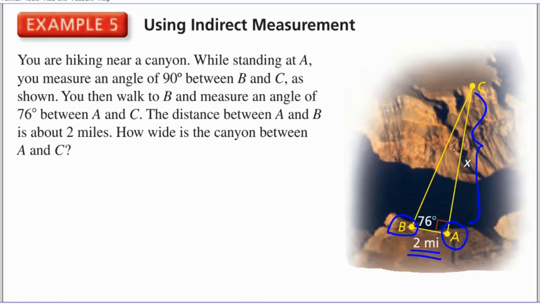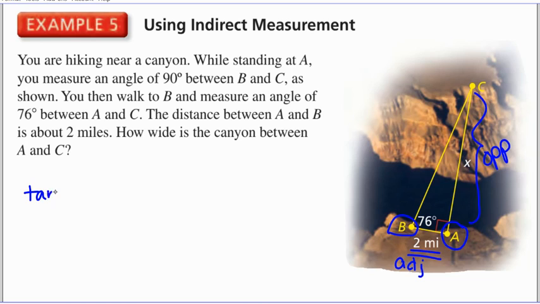Okay, so according to this picture that we've got set up, we have the 76-degree angle. 2 miles is the side that's adjacent to your angle in reference. And then X is going to be the side that is opposite to your angle in reference. So the trig ratio that uses adjacent and opposite is going to be tangent.